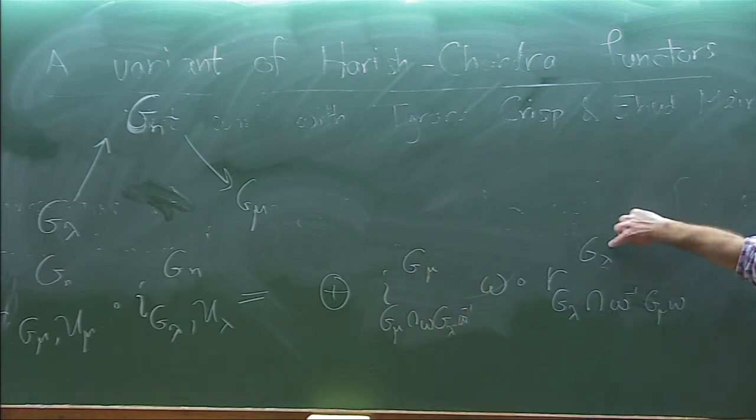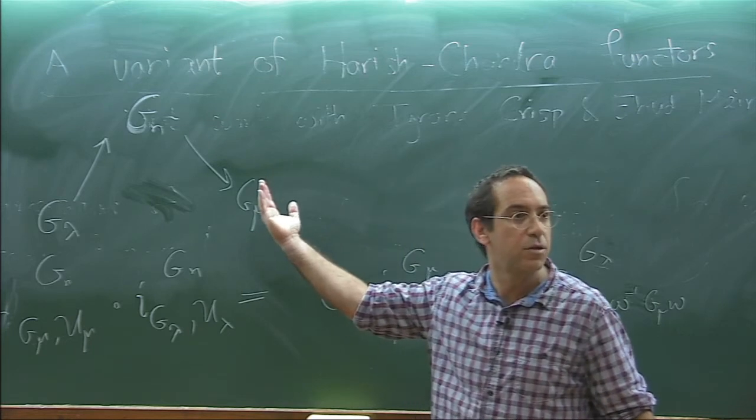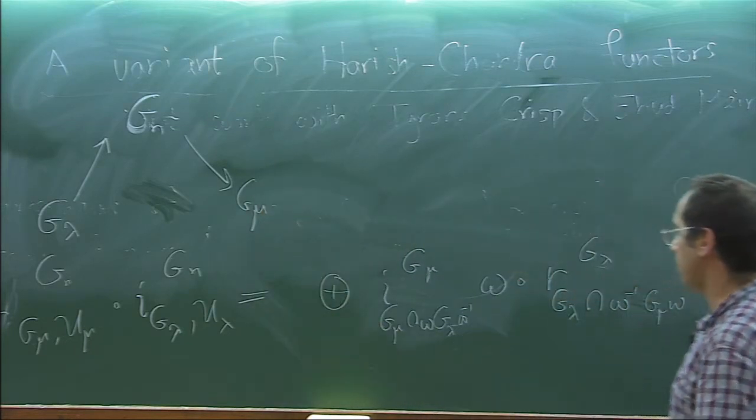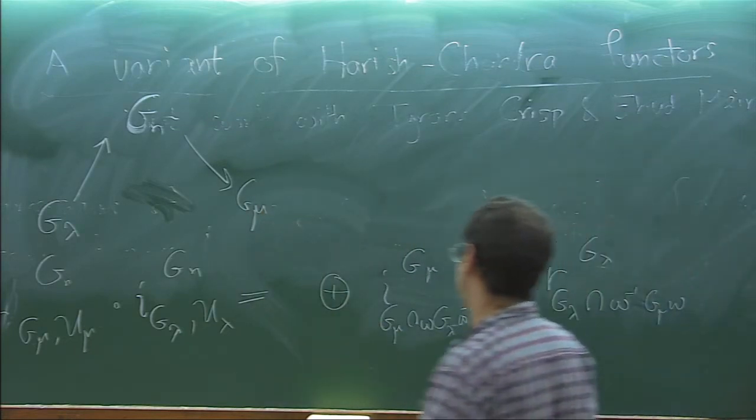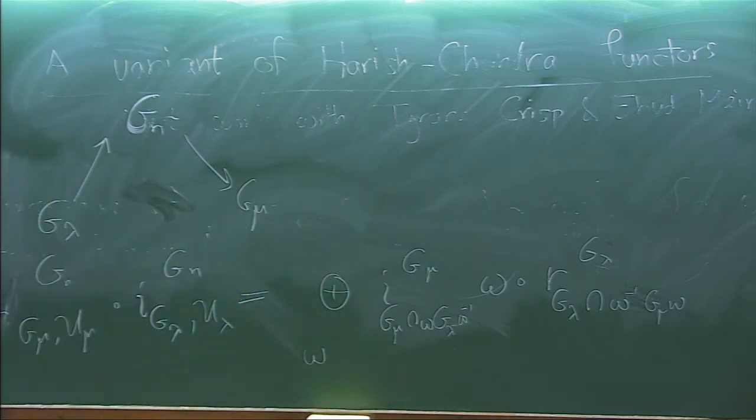So first restrict from G lambda, then twist, then go back to G mu. But I haven't told you what we are summing over. And this is the main point of what Harish-Chandra did.